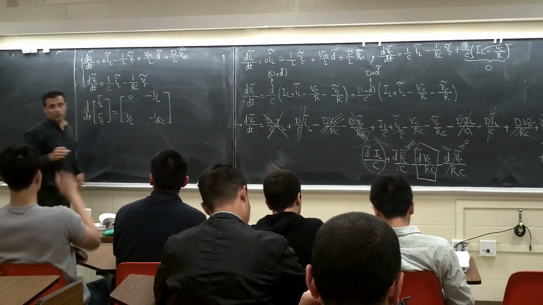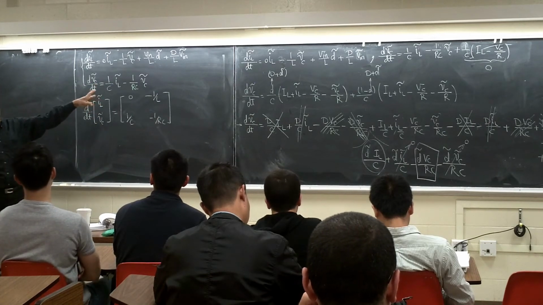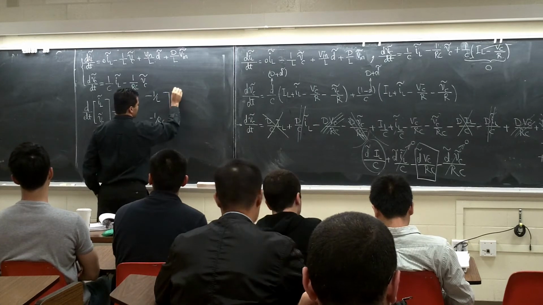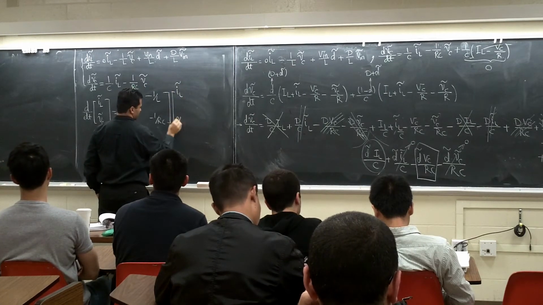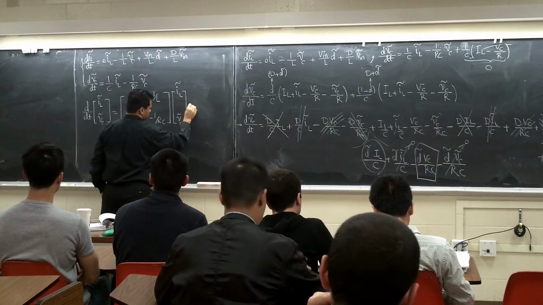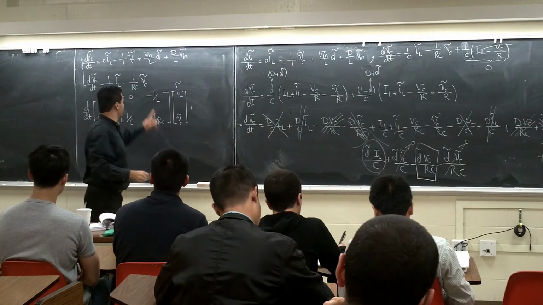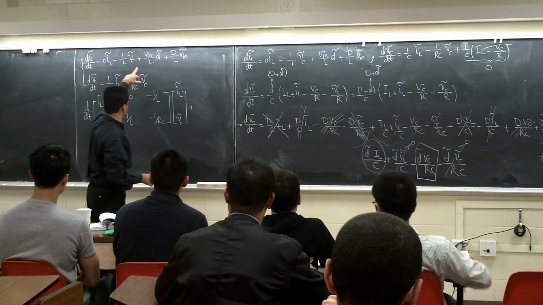Just compare this one with what we have before, even doing the small signal. You can see this part is not changing. This part is staying the same. Plus, we have two parameters here, D tilde.